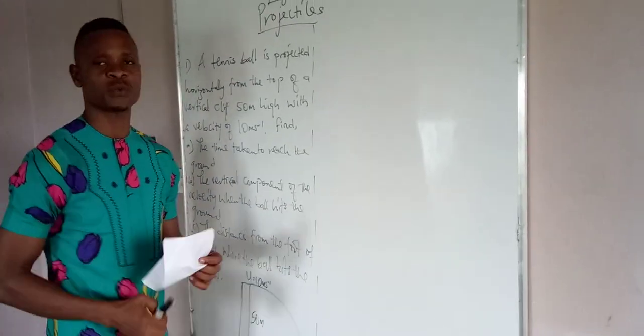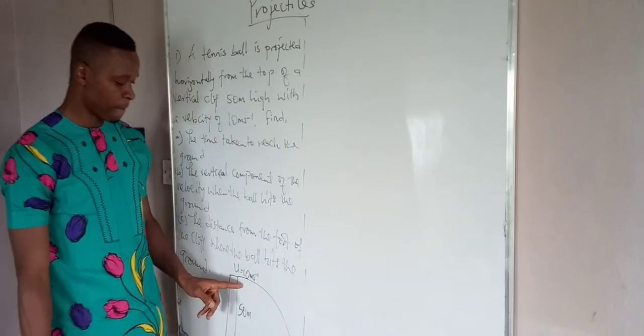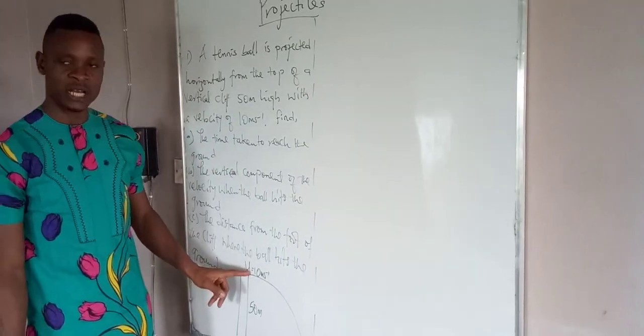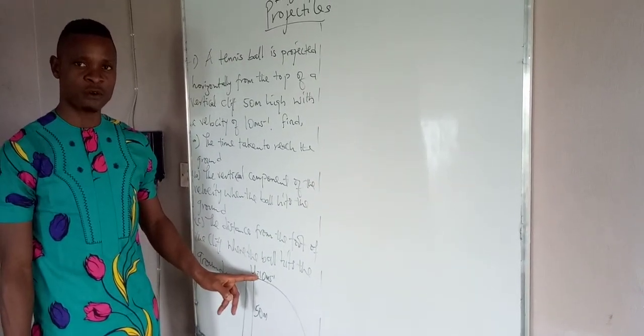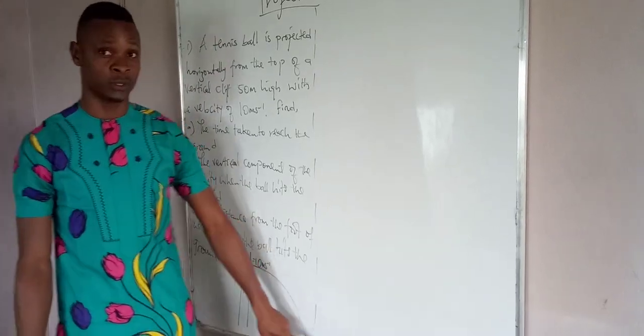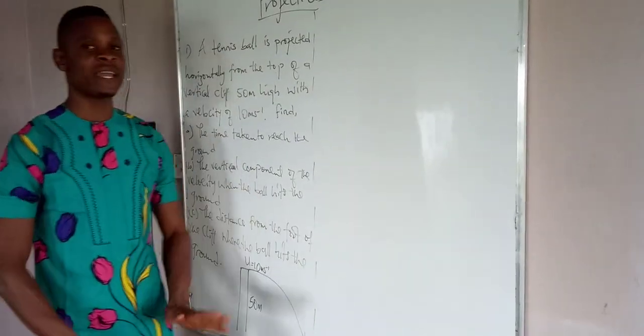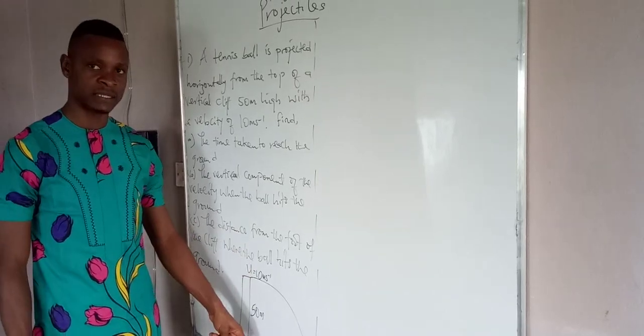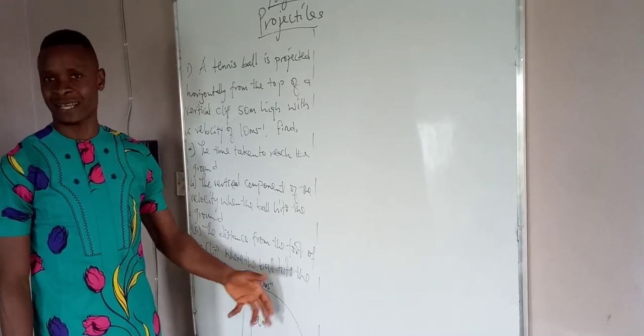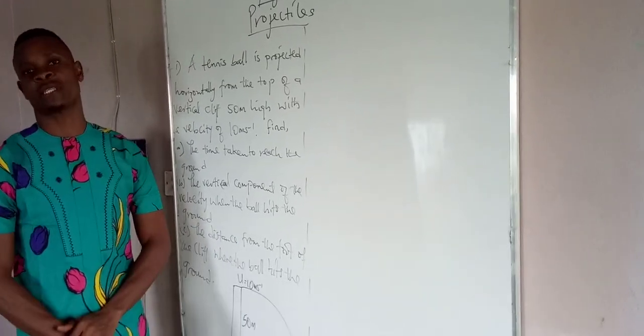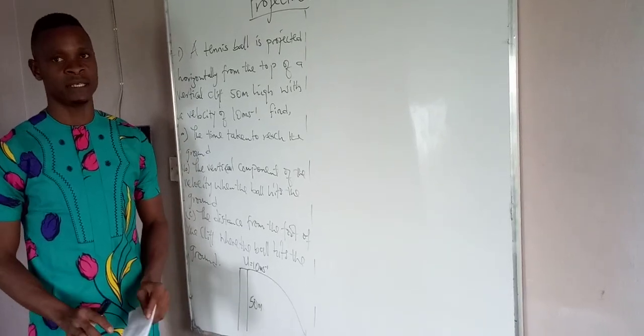Now recall that when a body is projected like this, the effective initial velocity only functions with respect to horizontal movement. It doesn't have any effect on its vertical movement. Once you're able to analyze and understand this, solving projectile problems becomes very easy.